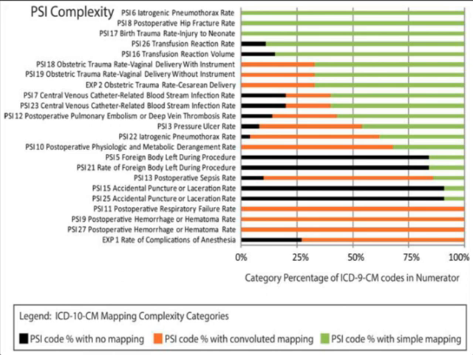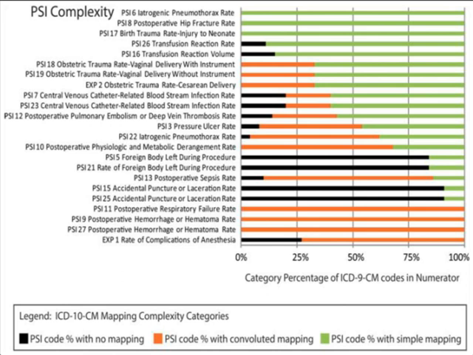PSI code with no mapping, many times within the PSI, there will be diagnosis codes that are 4 digits or 3 digits, which are legal codes that you can get reimbursed to. But all 3 and 4 digit codes were not mapped by the government, by the general equivalent files.